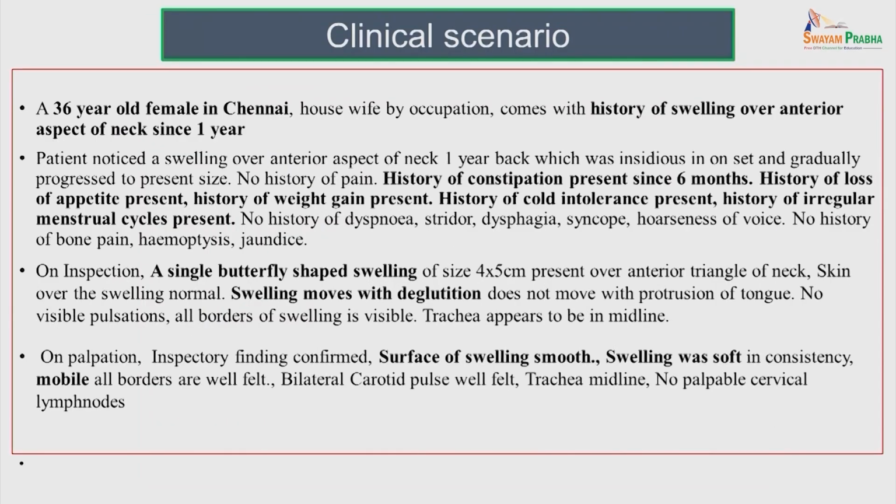Coming to the clinical scenario, this case shows enlargement of the thyroid. This enlarged mass is confirmed as thyroid because of the shape, because the swelling is moving with deglutition, and it is a benign enlargement of the thyroid gland, hence it is a goiter, because the surface is smooth and soft and it is mobile.